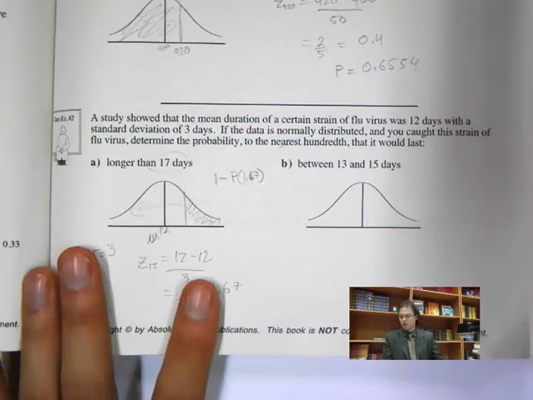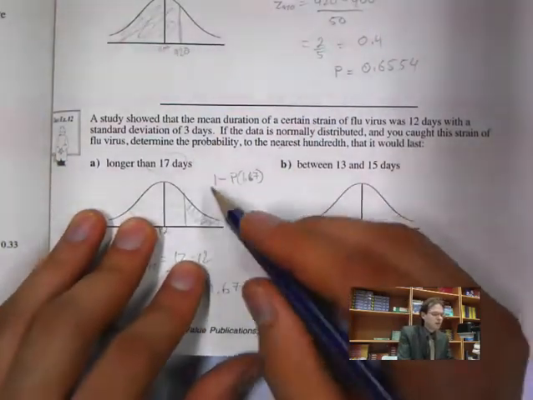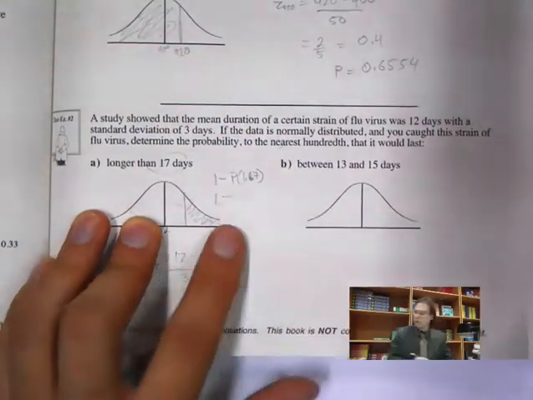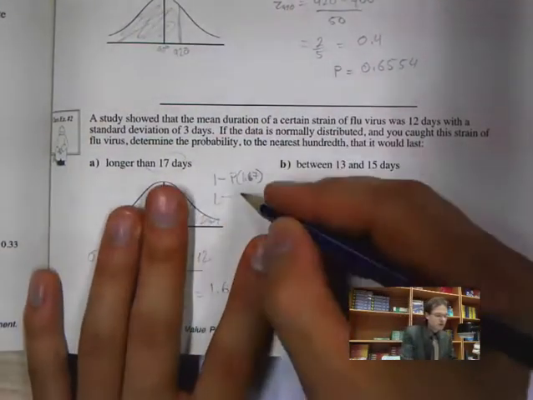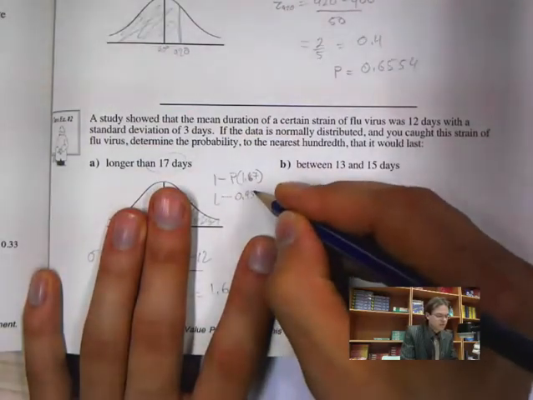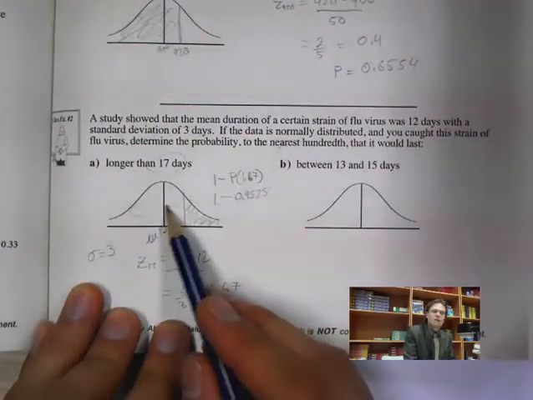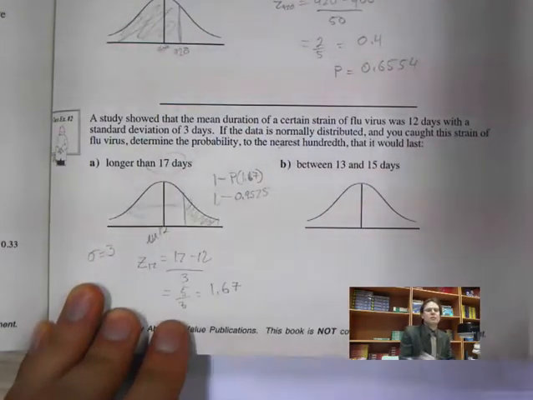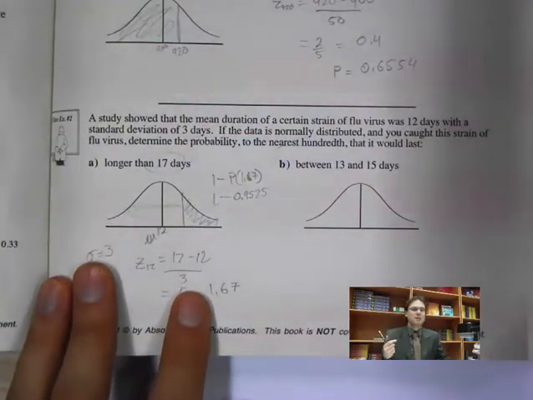So we go 1, and what is the probability, or area, of that? I ended up getting 0.9525. So 95.25% of the people will last less than 17 days.